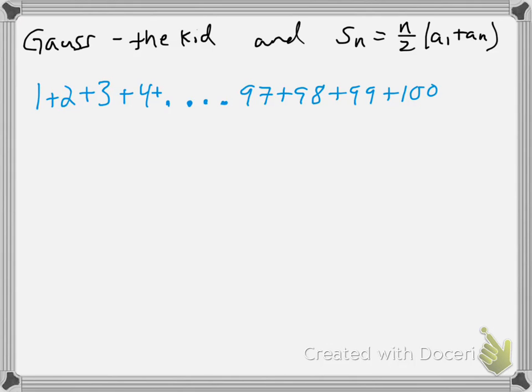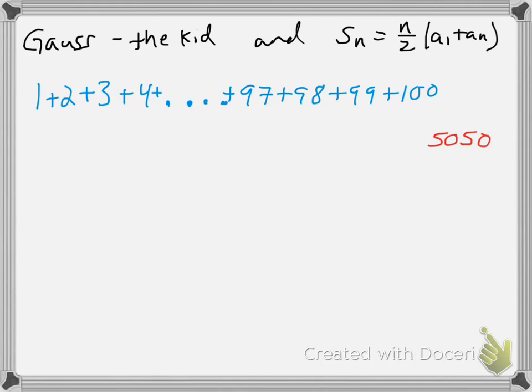That could take you an extremely long time, especially without a calculator. And this kid Gauss, who ended up being a big-time mathematician and physicist, but that's beside the point, was able to spit out the answer to his teacher rather quickly. He said 5050.